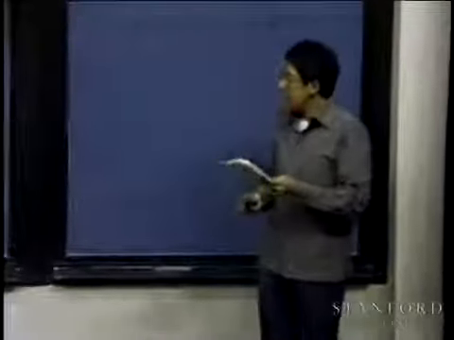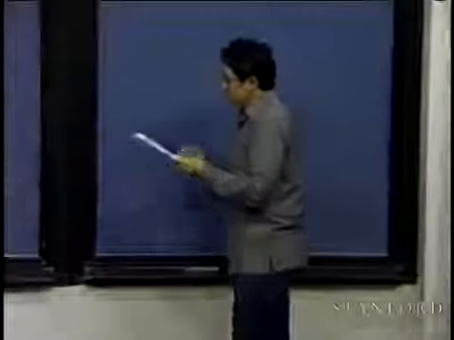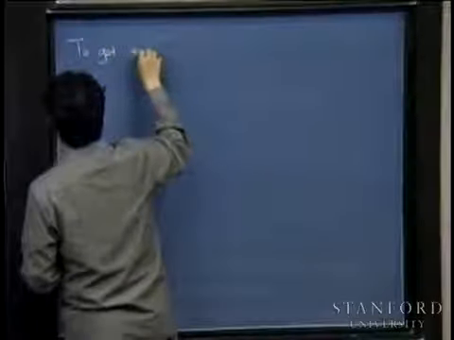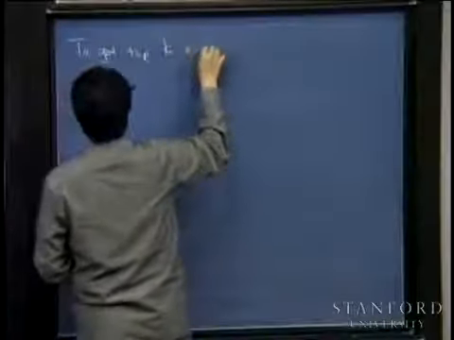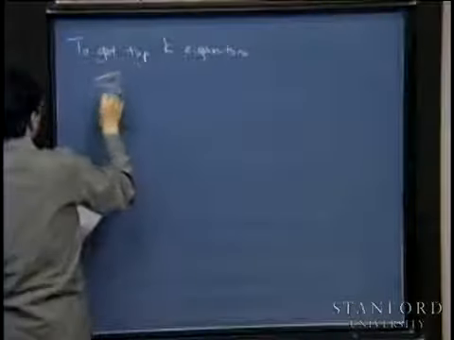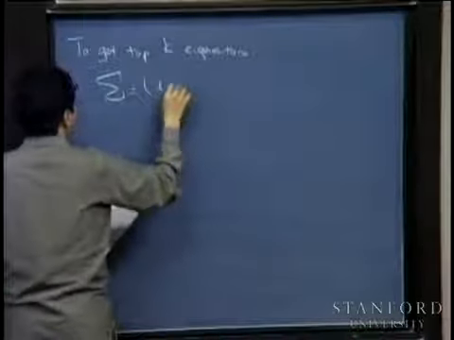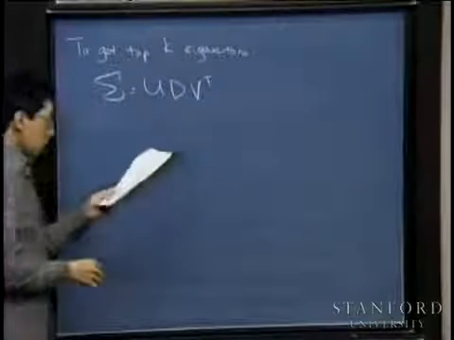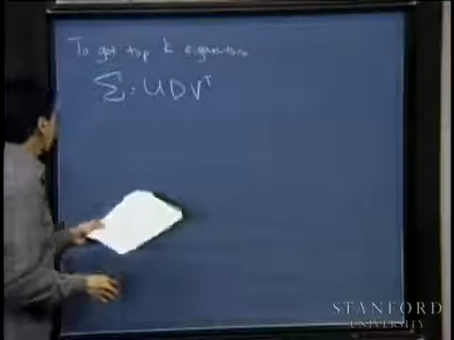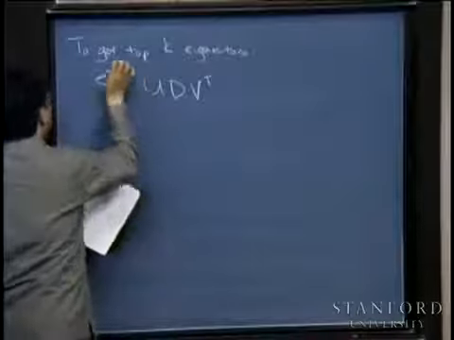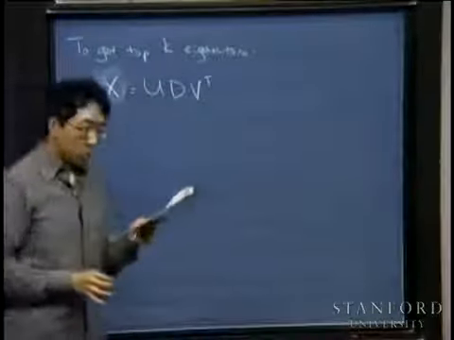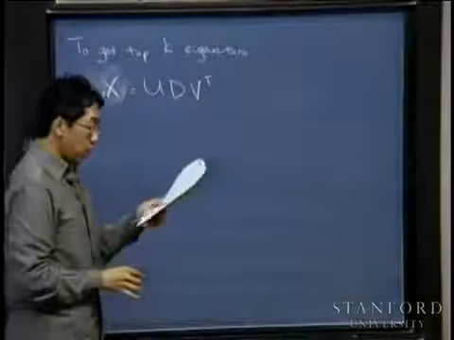And so, to get the top k eigenvectors of sigma, you would take the matrix X and compute its SVD, so you get U D V transpose.